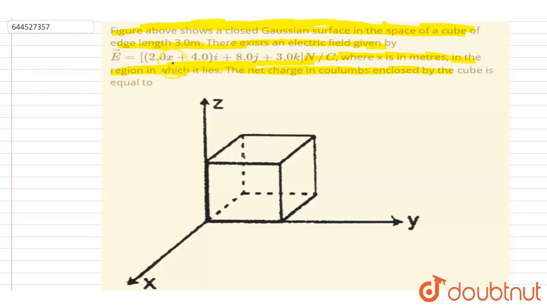So if you see, this electric field has a constant as well as a variable component. This 2x is varying and the other component is constant.